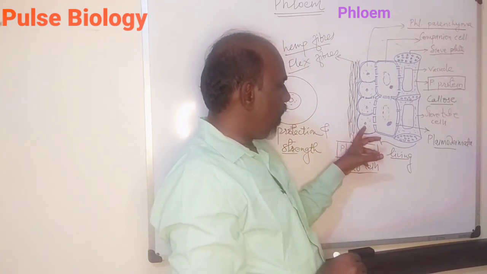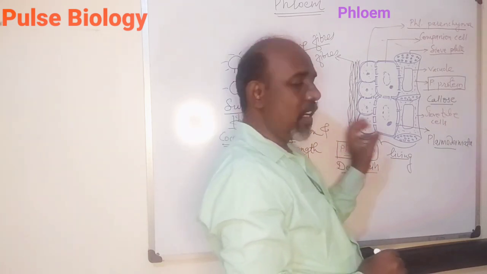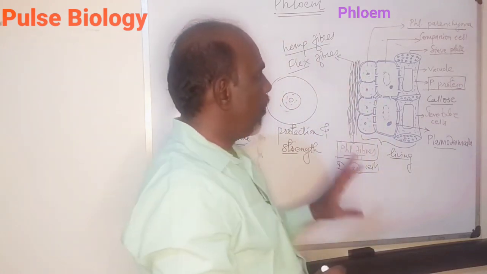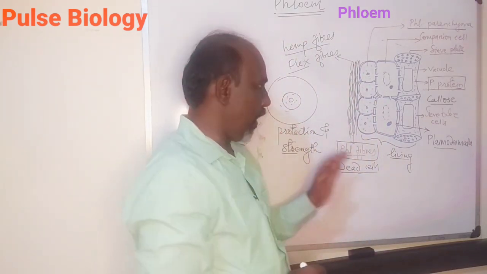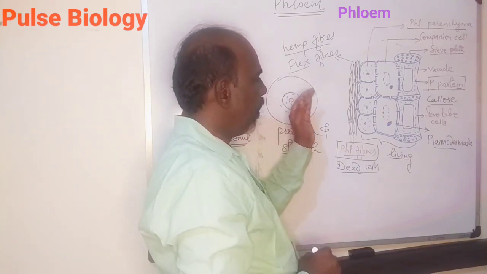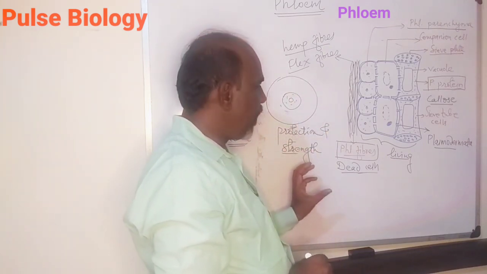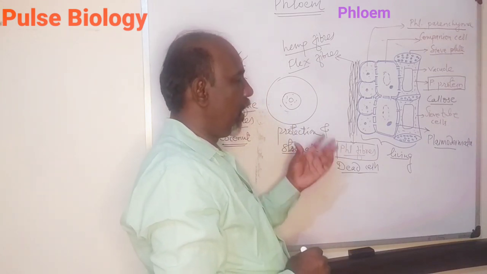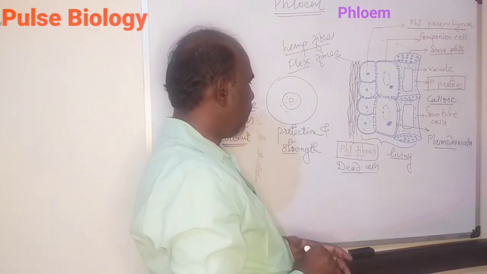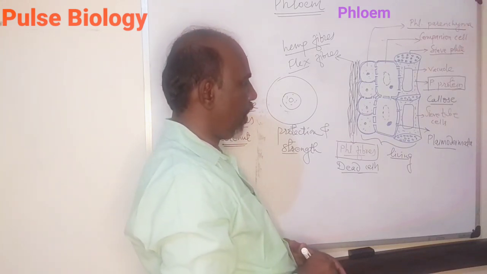Similarly, storage of food and energy production is the function of the phloem parenchyma, and fibers are protective and provide strength. So a number of questions can be asked here. So listen to the video properly and give answers to different types of questions.